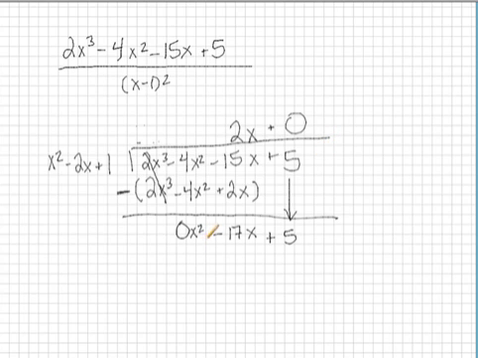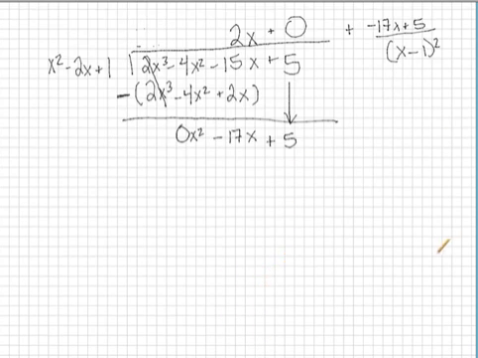So my remainder looks like it's going to be negative 17x plus 5, and that's going to be over this original term that I was dividing by, which is x minus 1 squared multiplied out.